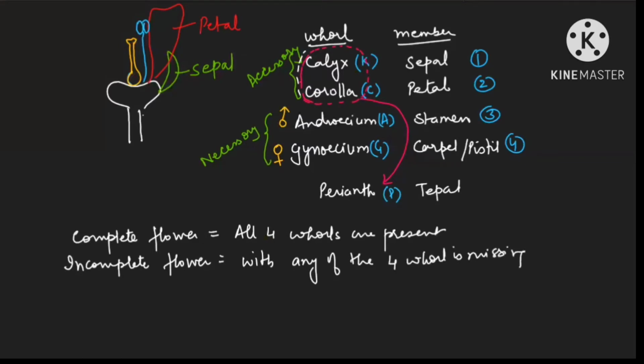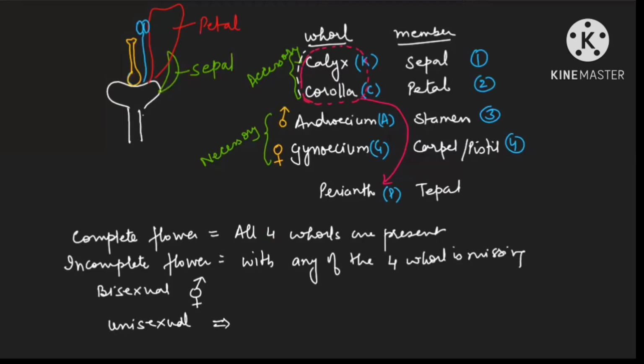Now, if both androecium and gynoecium are present, then we will say the flower is bisexual. And we will draw it with this symbol in the further videos. Bisexual condition. Is it clear? When both androecium and gynoecium are present. And if only androecium or gynoecium is present, only one is present, then we will say unisexual.